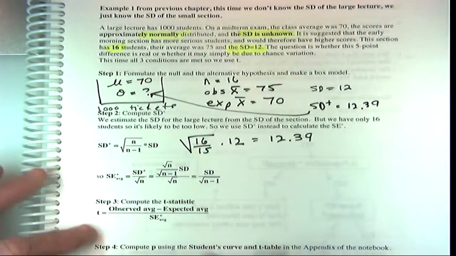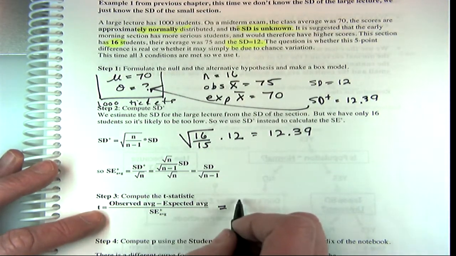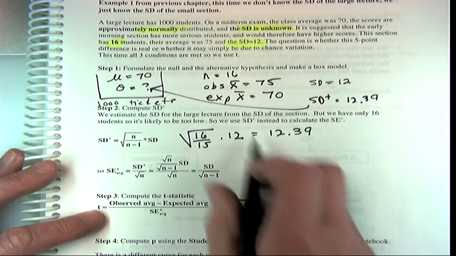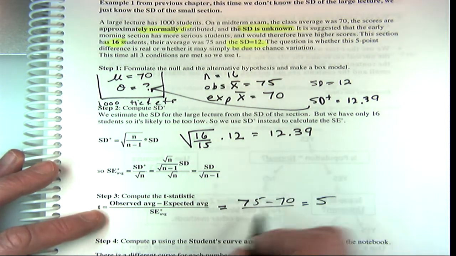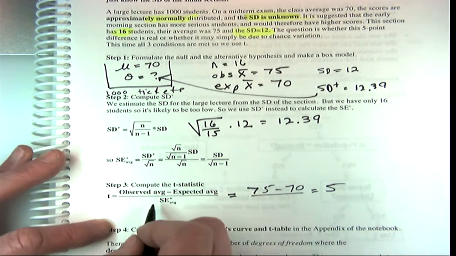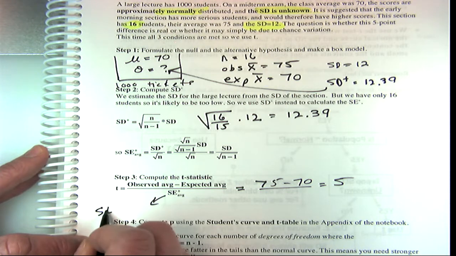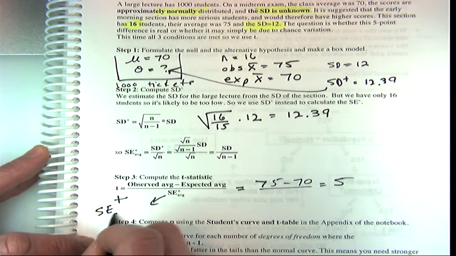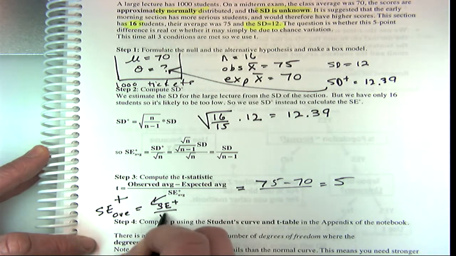Now when we get back down here, we're going to take that difference, the same exact thing, 75 minus 70, that's our 5-point difference. But now we're going to say our standard error, we'll call it SE+ for the average, is going to be SD+ over square root of n.